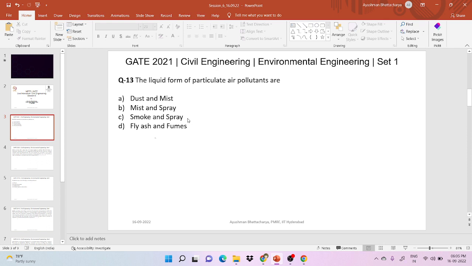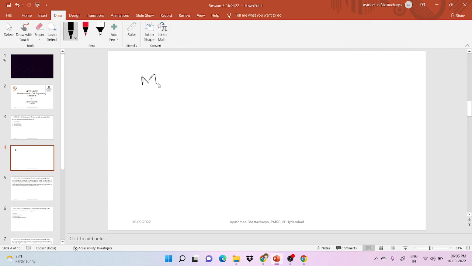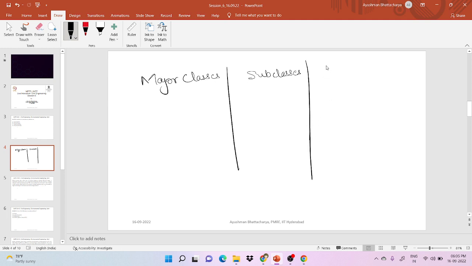So we will discuss the major classes of particulate air pollutants. Then we will solve this question. Basically, the major classes, then the subclasses, and another row will be a typical member of the subclass.